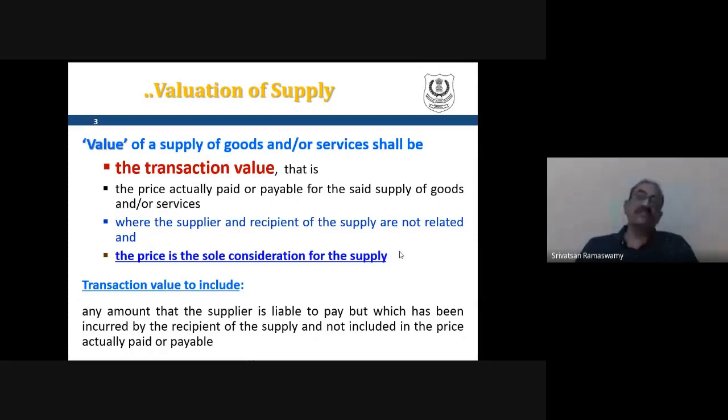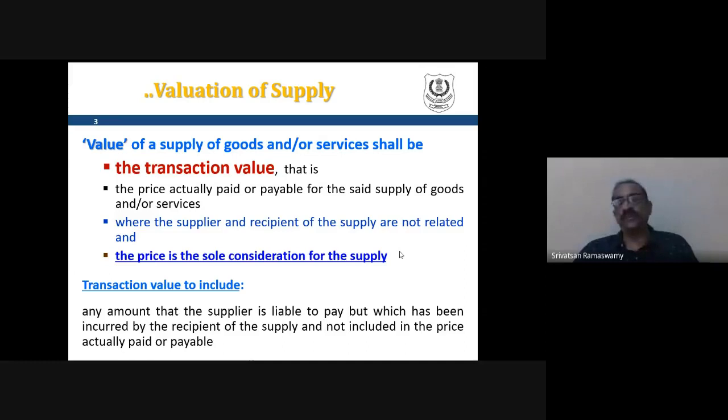But it also says price actually paid or payable. There are certain situations, in fact, in business transactions, where the amount will not be paid immediately. It will be paid after maybe 60 days or 90 days according to the contract. So it does not mean that I will be liable to pay GST only on receipt of that payment.